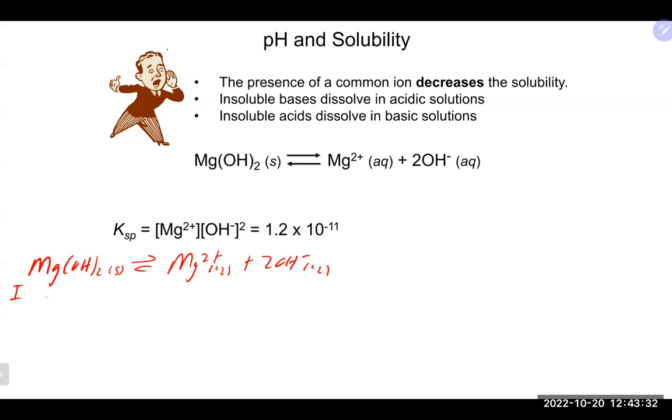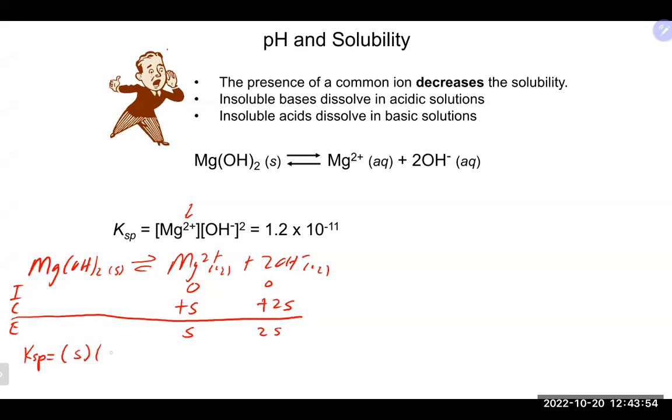And again here, this would be 0 and 0. This would be plus S plus 2S in this case. And at equilibrium, we would have S and 2S. Putting this into our Ksp expression, which is right here, will give us S times 2S squared is equal to 1.2 times 10 to the minus 11.